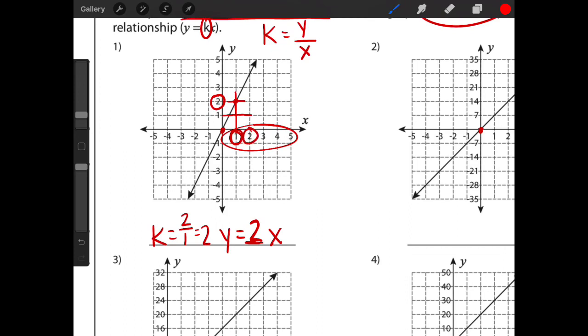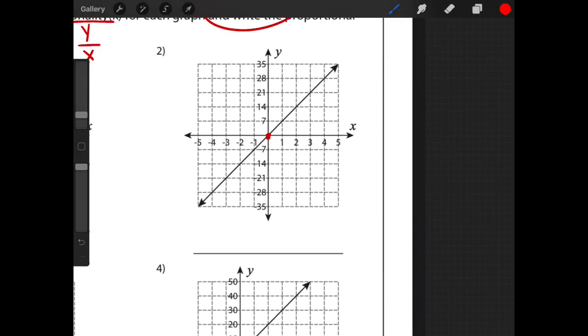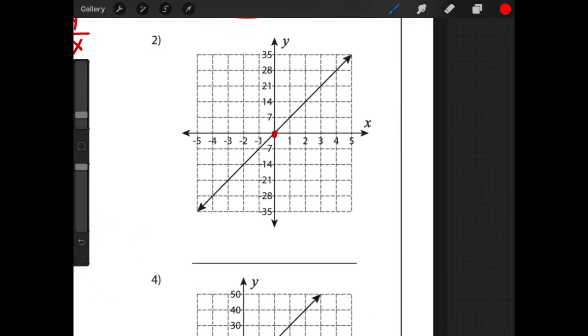I can plug in any x value, multiply it by 2, and it'll give me my y value. So if I plug in 2, 2 times 2 is 4. So I can check that. 2 times 2 is 4, and it is correct. So I'm going to do it a little bit less messy over here. Let's do this again. Remember, my first step is finding my k, which is y over x. And we want our x to equal 1 eventually. So always start by checking to see if x is 1.